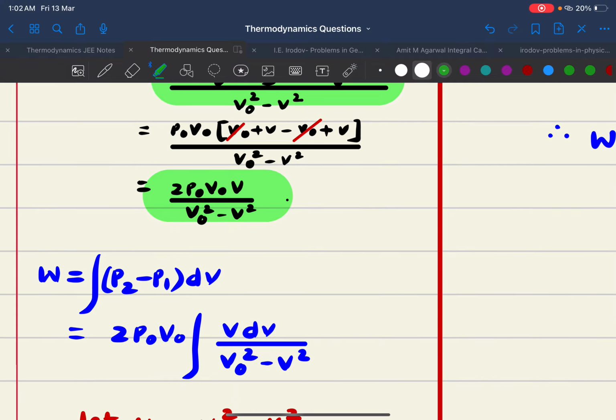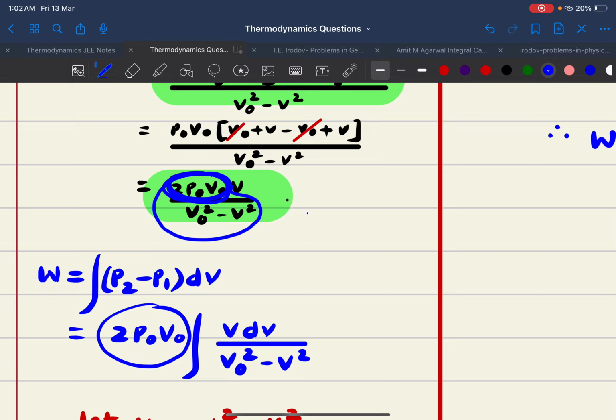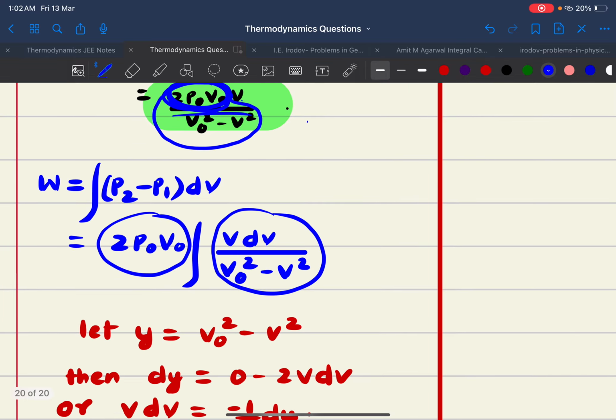So P2 minus P1 is this part, which is a constant, so I have taken this outside. Then V by (V naught square minus V square) dV. Correct? This part is left over. Tell me if you have understood till this part.